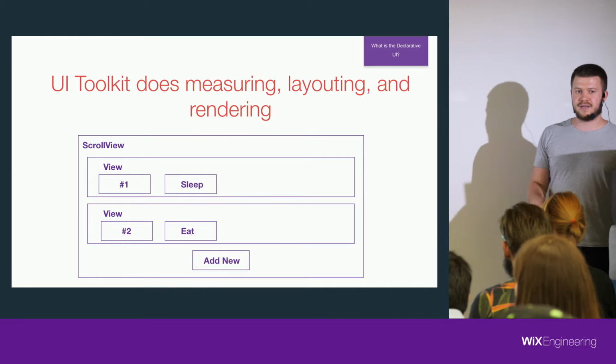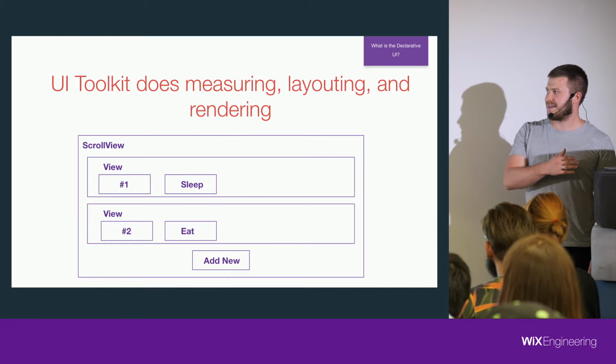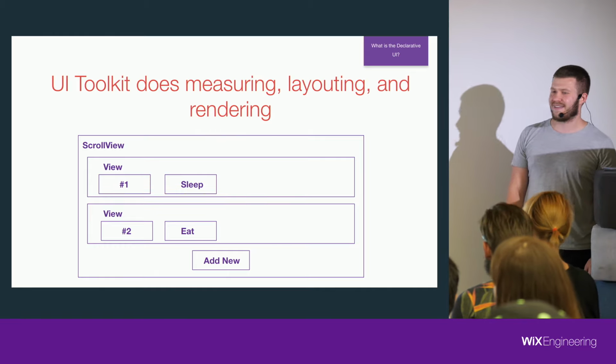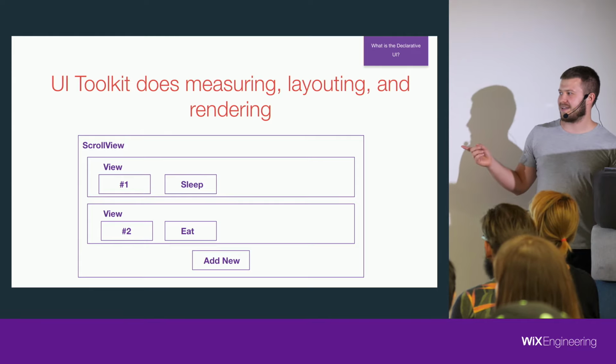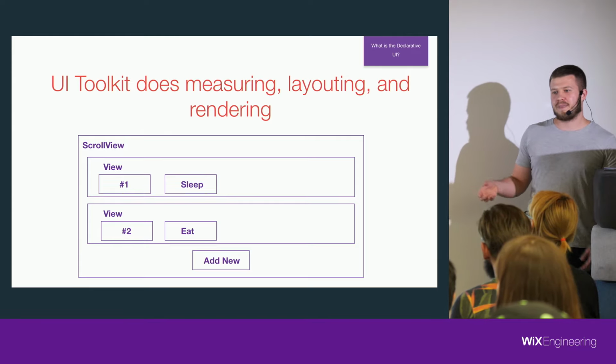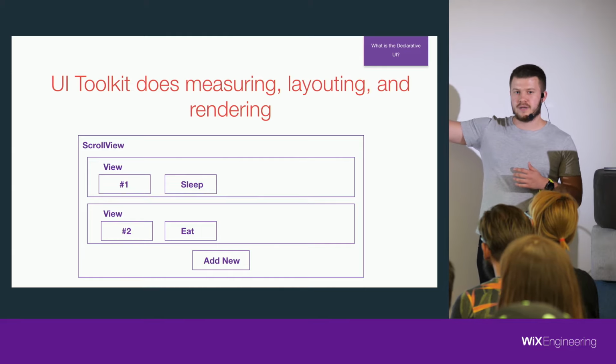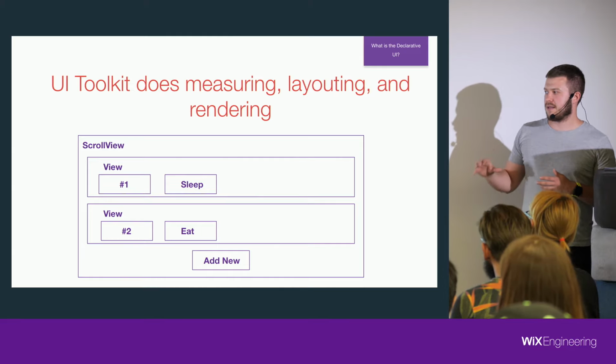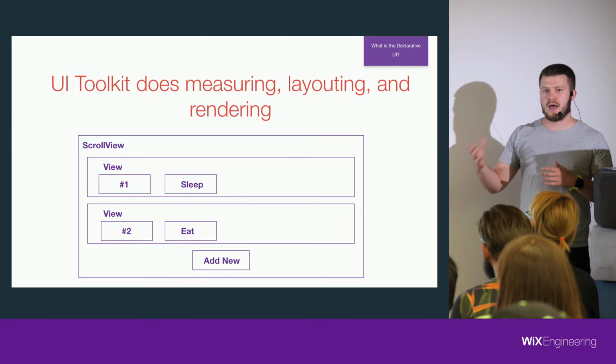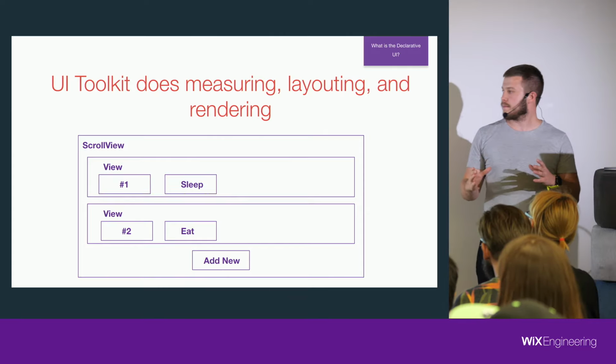Vasily touched this topic, and he told like, we go recursively on the tree, we do measuring. So it's like when the parent tells how much space you can take.